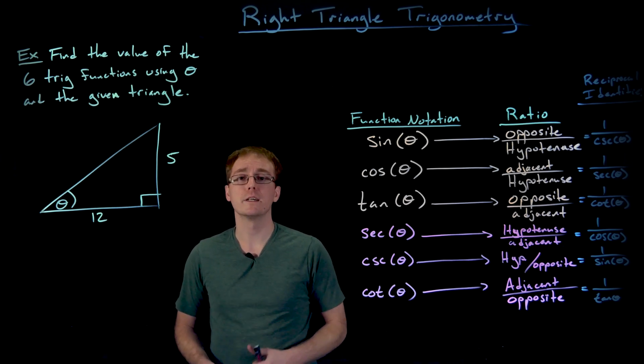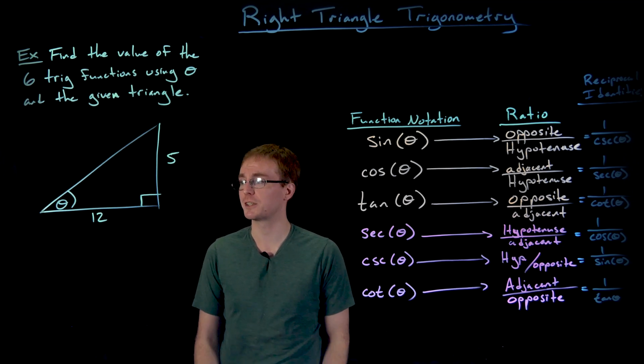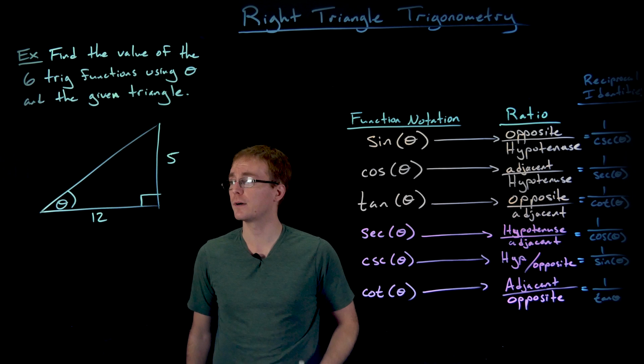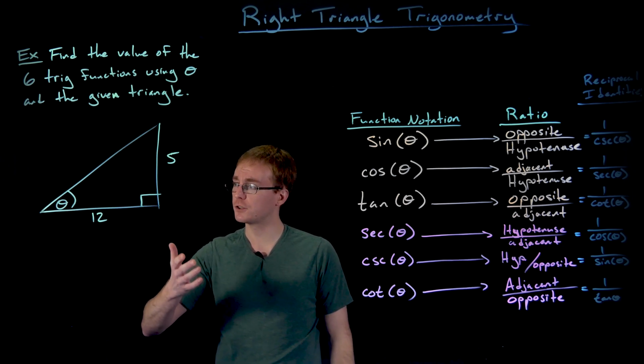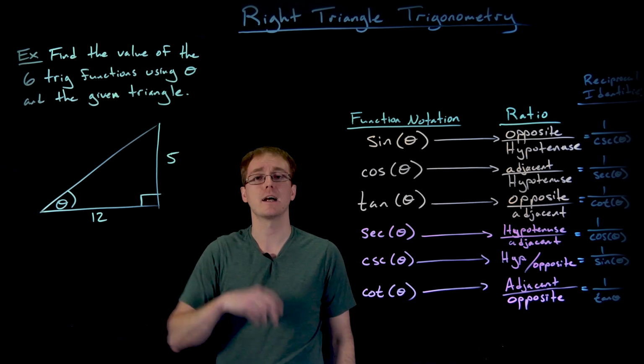All right, before we jump in and find the values of our 6 trig functions, let's make sure we have our triangle set up correctly. We have our angle theta, our angle of interest. We have a side length of 12 and a side length of 5.